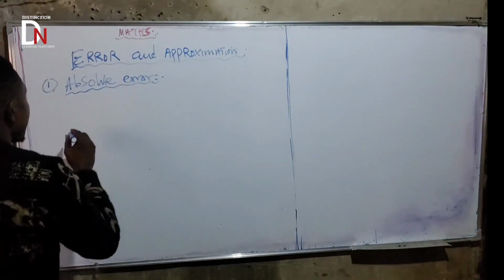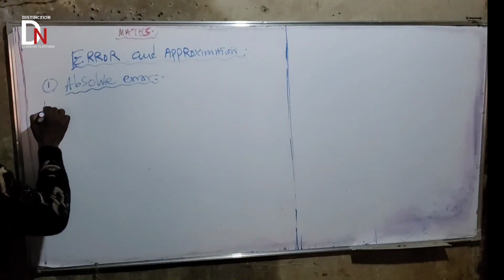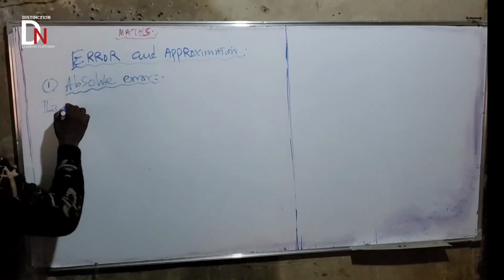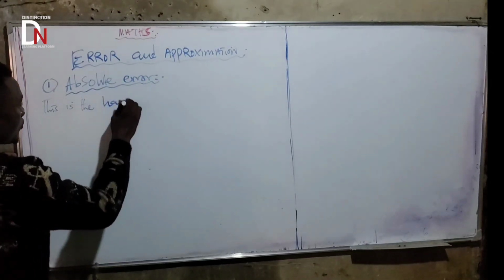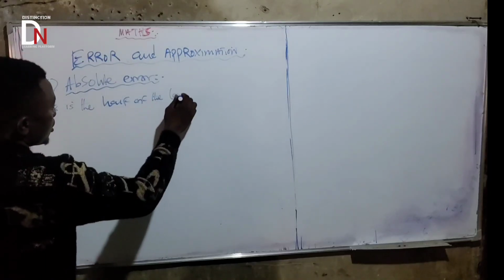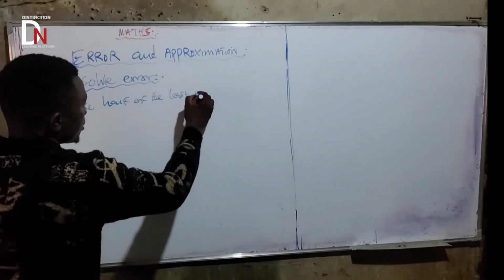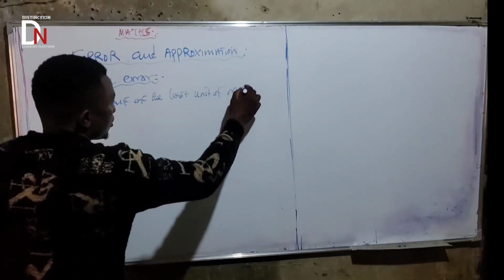So absolute error by definition is half of the least unit of measure.